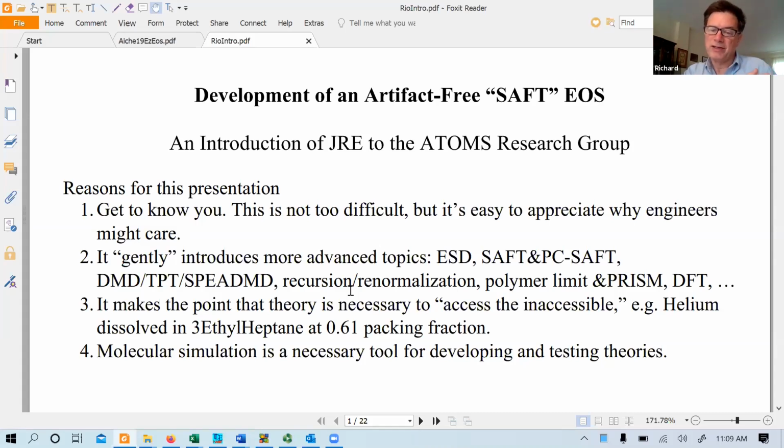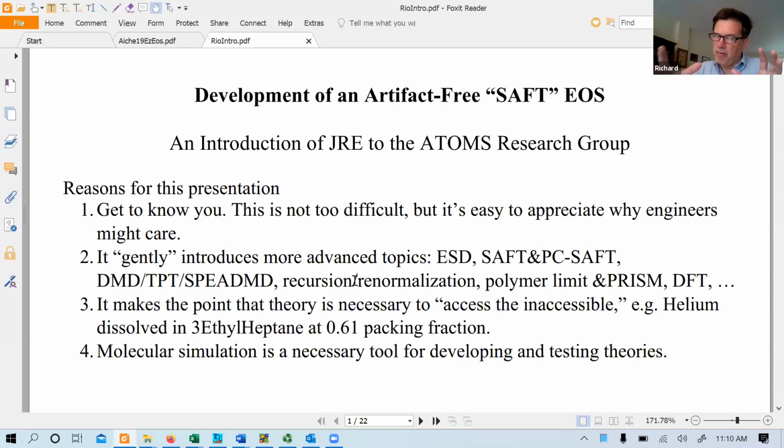But then if you expand that term, 1 over 1 minus eta, in a series of eta, you get an infinite series. So this infinite Taylor series is actually completely characterized by a relatively simple formula that is a recursion, 1 over 1 minus eta. And so my perspective on this is there are a lot more kinds of recursions like that out there, that when we characterize those recursions, what we've got is a perturbation series of the Helmholtz energy in terms of temperature and packing fraction.